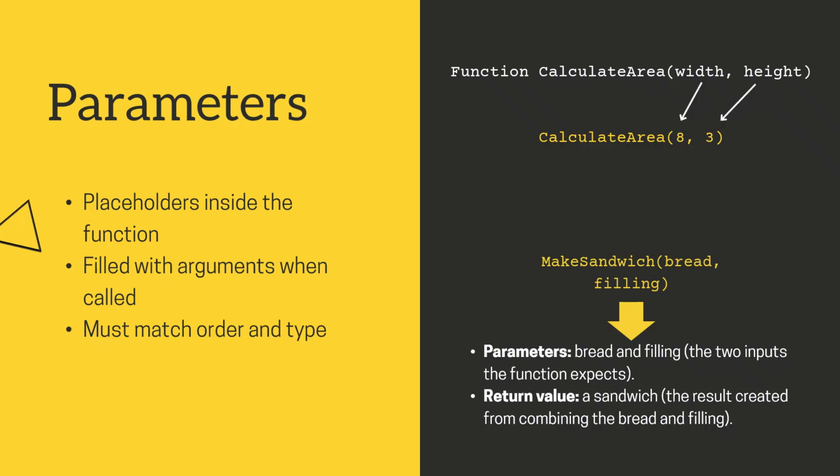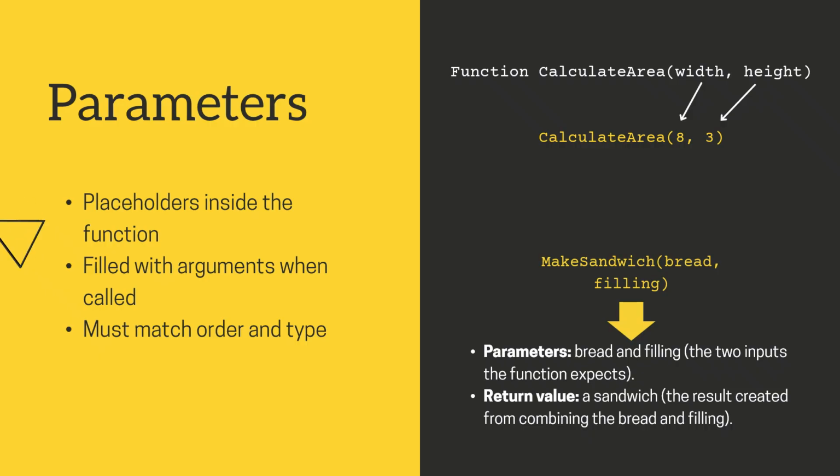Two common mistakes that a lot of beginners make: one, mixing up the order of the parameters. The order must match the function's definition. And another mistake is passing the wrong type of data, like passing text when the logic expects a number.